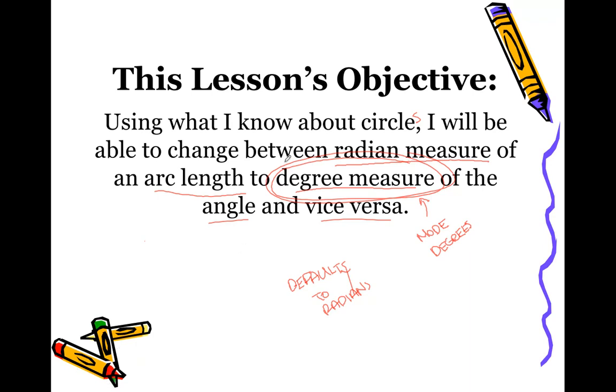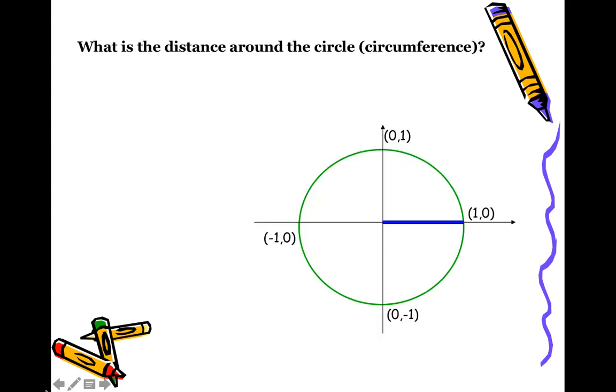Right, so we're going to be doing some conversions. So really a lot of, and the same thing with the last lesson as well, is really just building the foundations for what we're going to be doing in trigonometry and just making sure that we have these strong foundations for it. So what is the distance around the entire circle, which we often call the circumference?